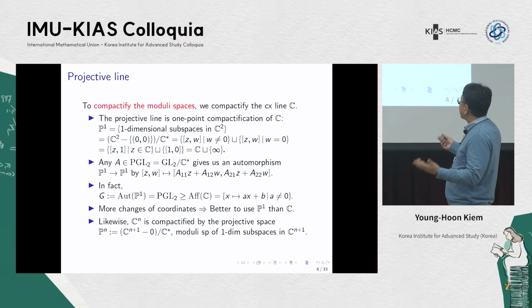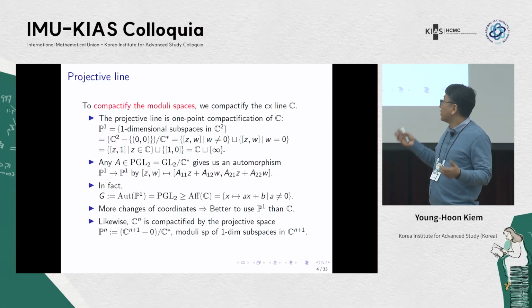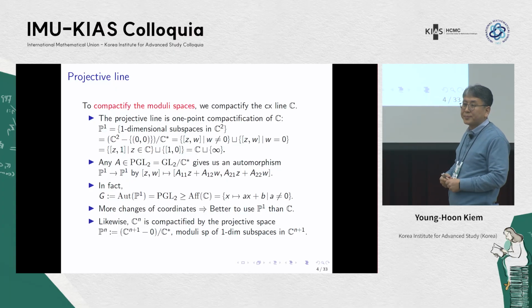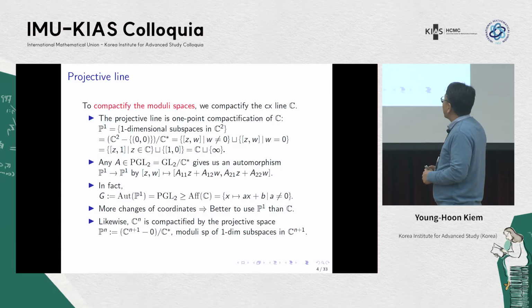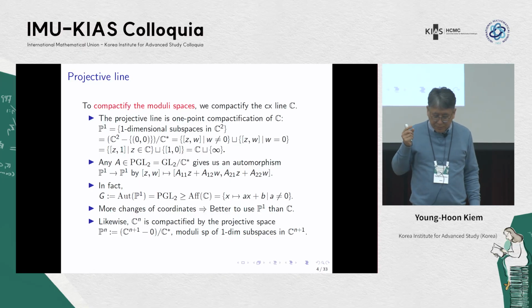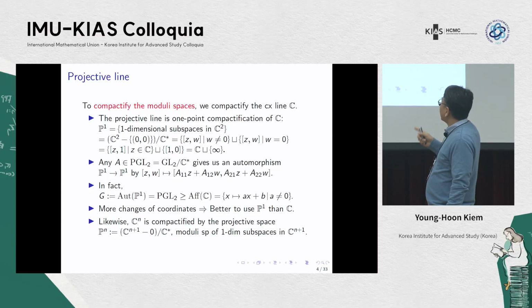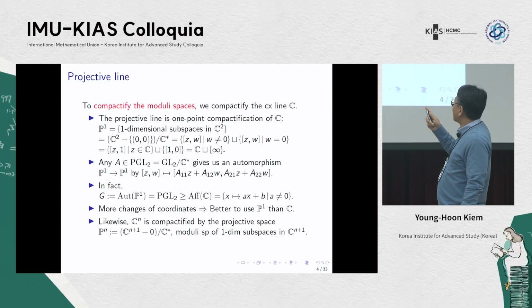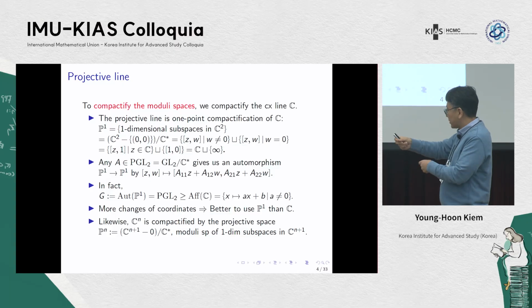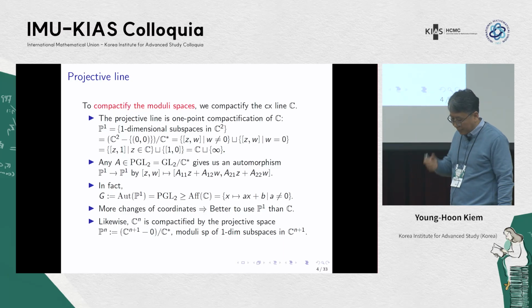By definition, the projective line is the set of one-dimensional subspaces in the two-dimensional vector space C^2. We all know that a one-dimensional vector space is spanned by one non-zero vector. So P^1 can be thought of as the quotient of C^2 minus the origin by the action of C star, which is just scalar multiplication.